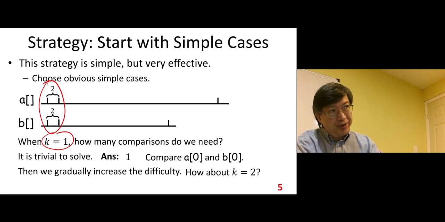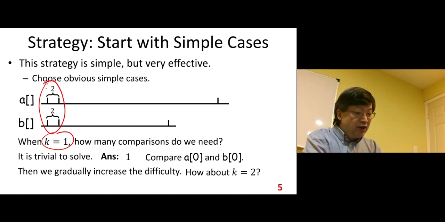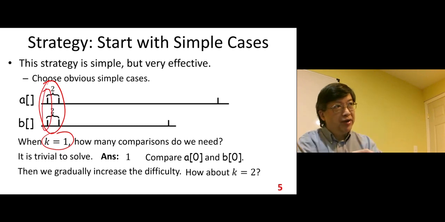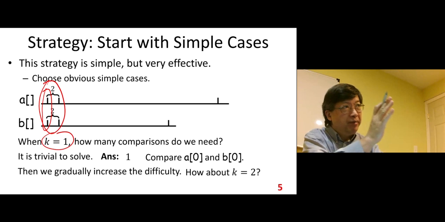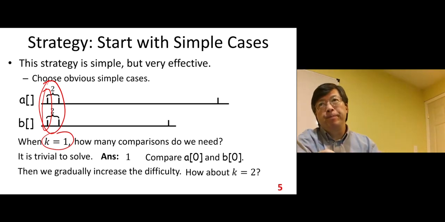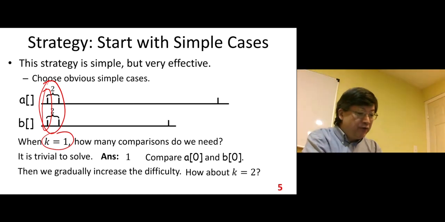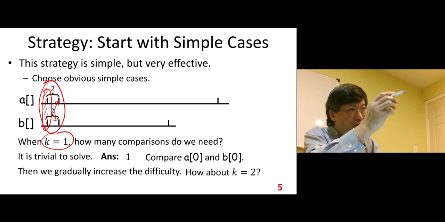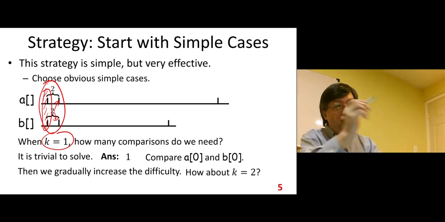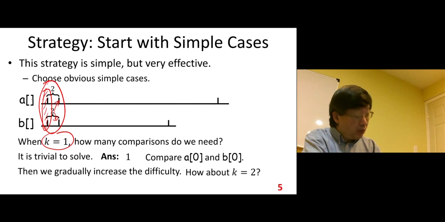Then when we do comparison, the first one, which one is smaller? The smaller one will not be the rank 2 number, so we drop it. The larger one of the first comparison, we will use it to compare the next one, depending on which one is larger. The larger element in which array?